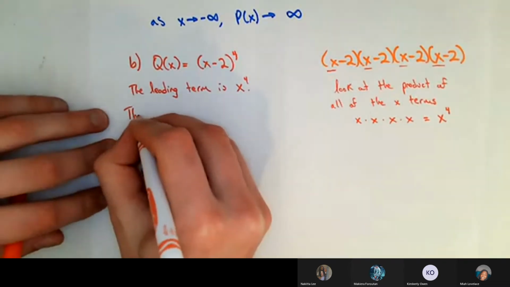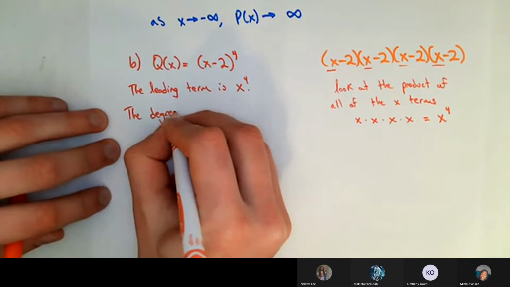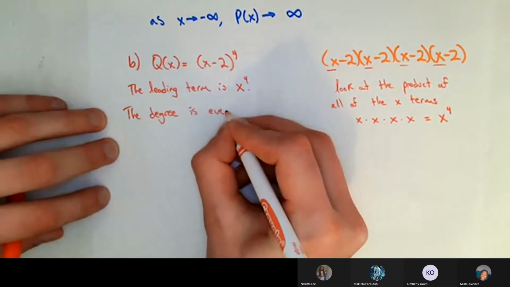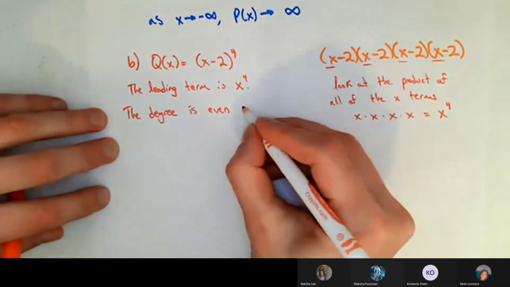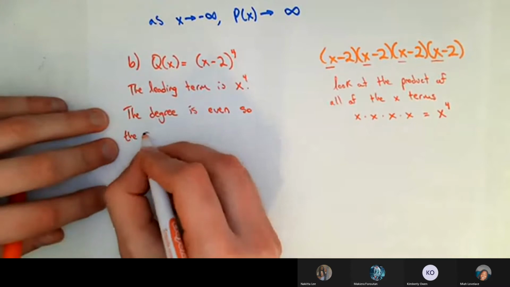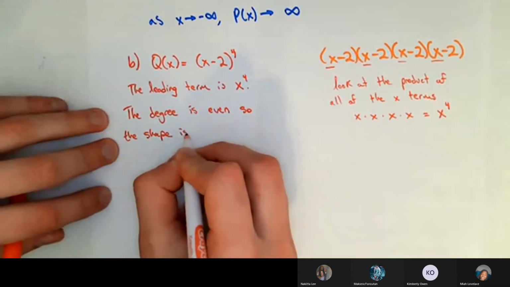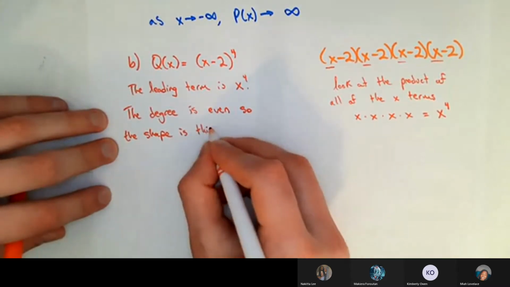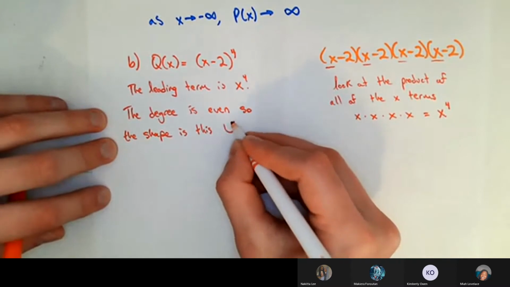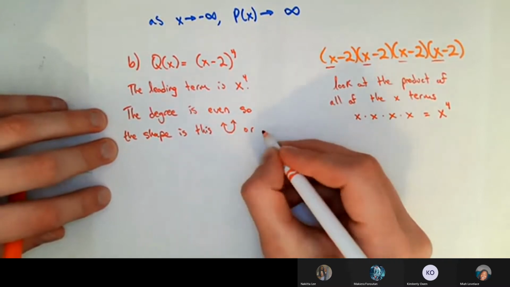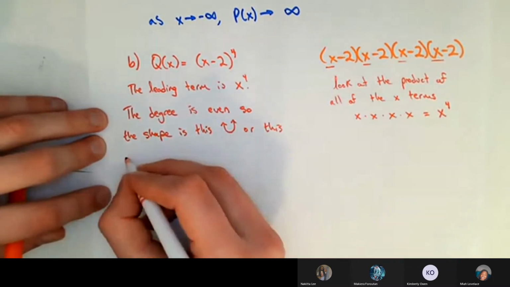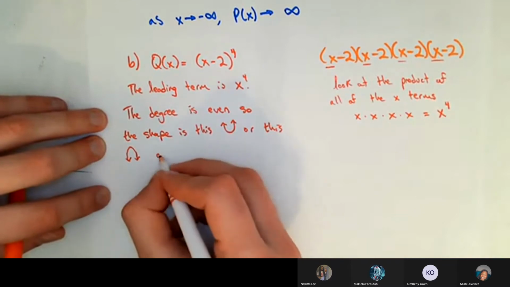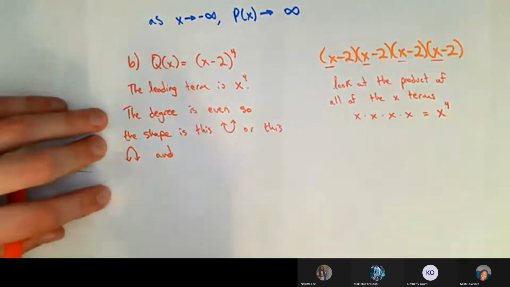The degree is even, because the 4 is even. So the shape is this or this. Okay, so that's one or the other.